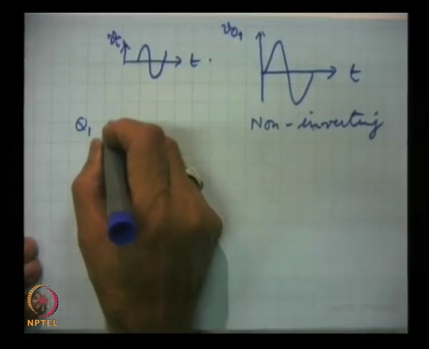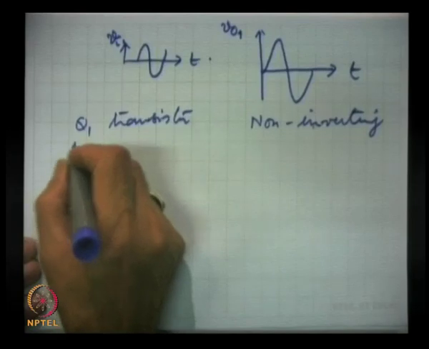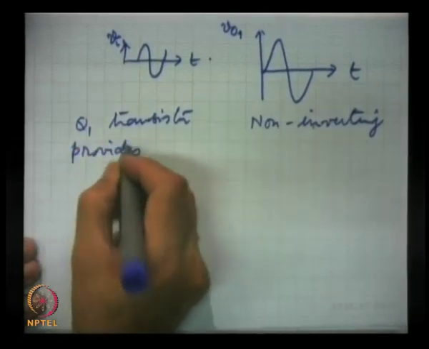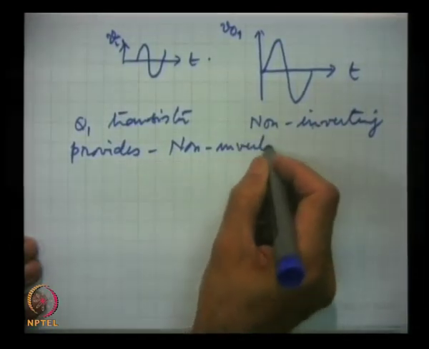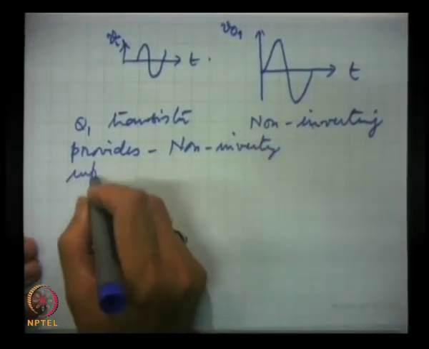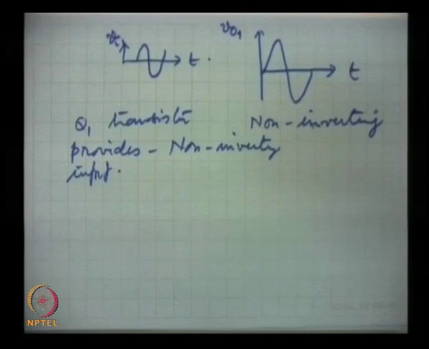Q1 transistor provides the non-inverting input. It is called the non-inverting input. Now, we will see the other way.